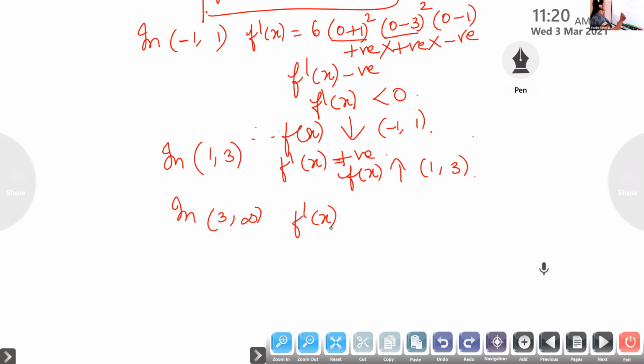Positive. So f dash of x is greater than 0. So f of x increases in the interval 3 to infinity.